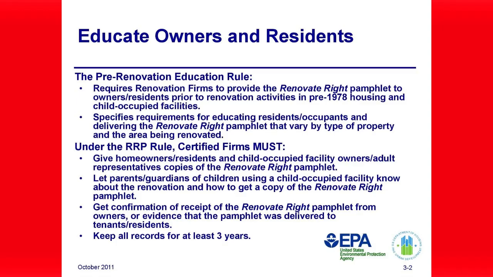Specific requirements for educating residents, occupants, and delivering the Renovate Right pamphlet vary by type of property and area being renovated. Under the RRP rule, certified firms must give homeowners, residents, and child-occupied facility owners, adult representative, copies of the Renovate Right pamphlet.